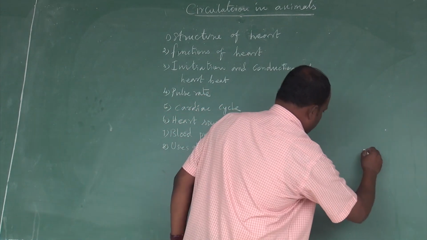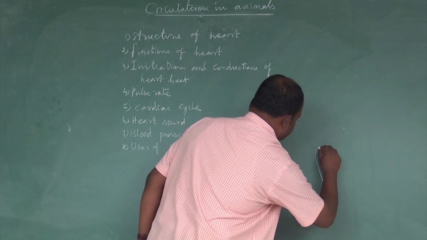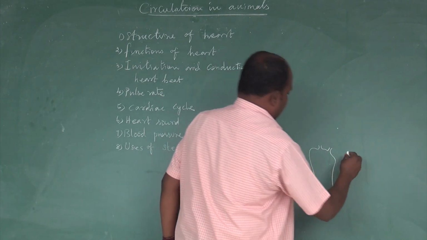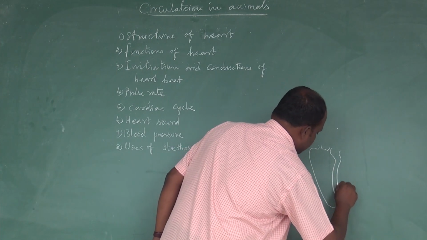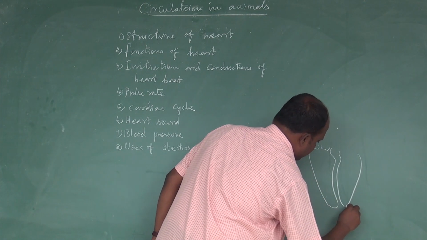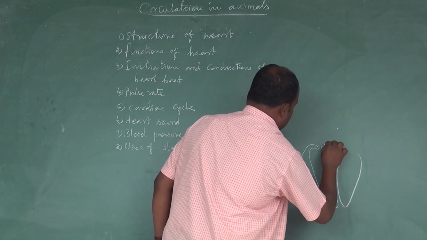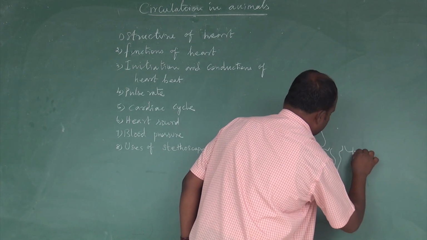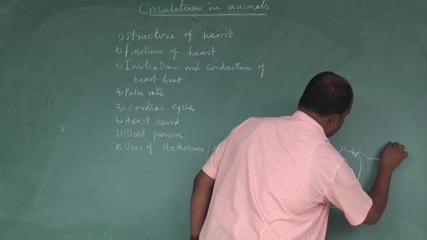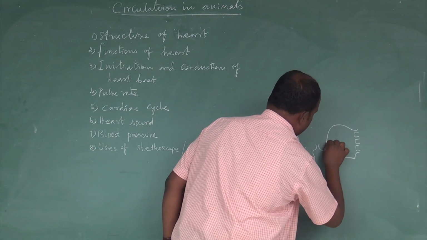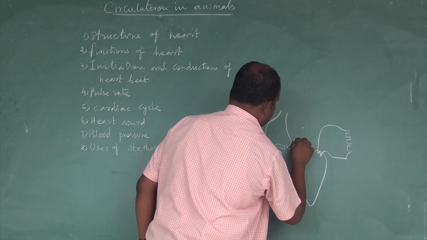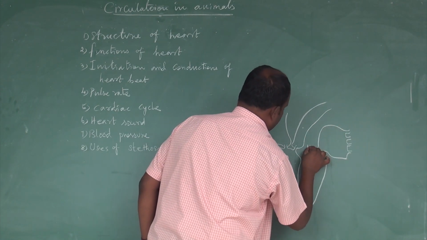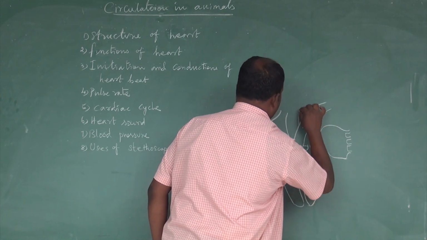First, we should draw the lowest chambers of the heart. This is the right ventricle, and this is the left ventricle. These are major blood vessels developed from the heart's lower chambers, and this is another major blood vessel, also developed from the lower chamber.